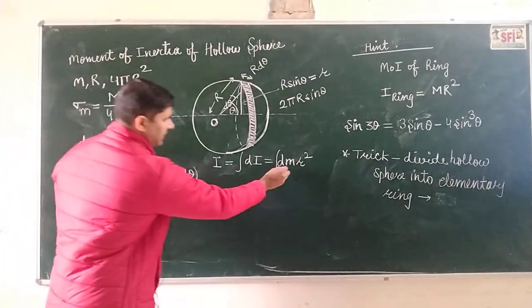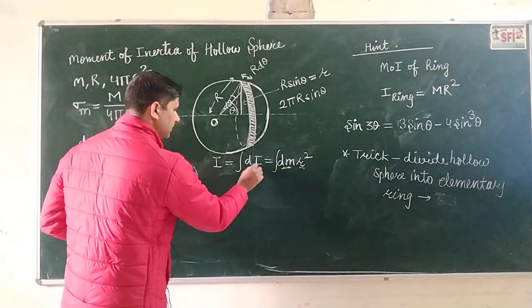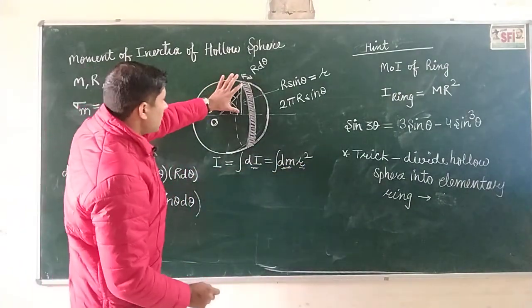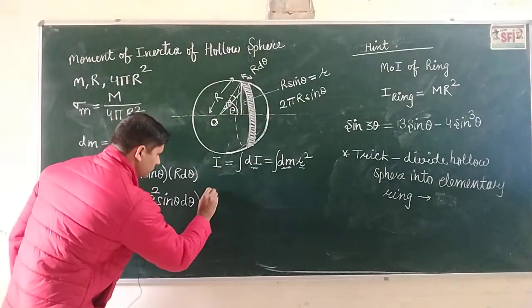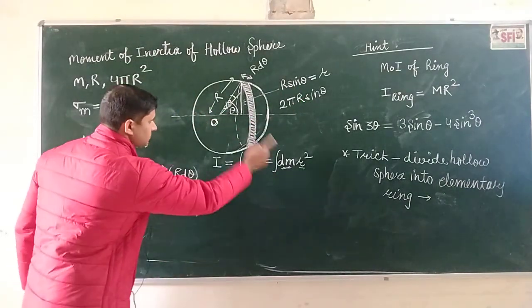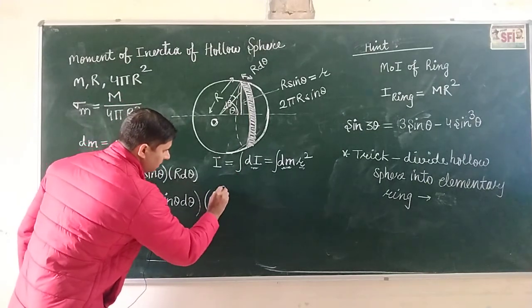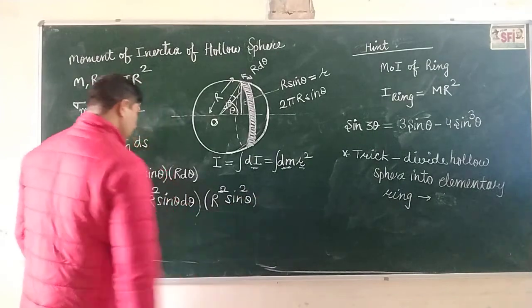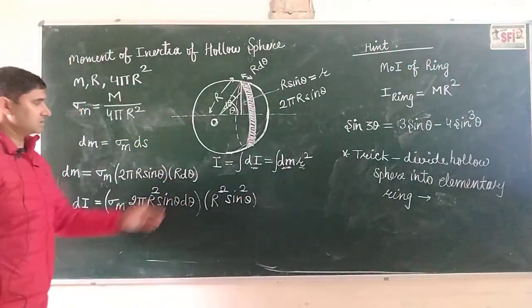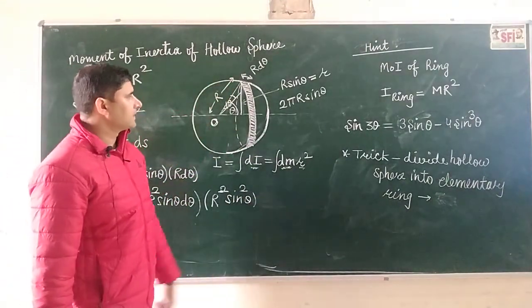Now you are to multiply dm by r square to find dI. So r square here is r sin theta, so if you put the value of small r square, that will be capital R square into sin square theta. So this will give you the moment of inertia of this elementary ring.